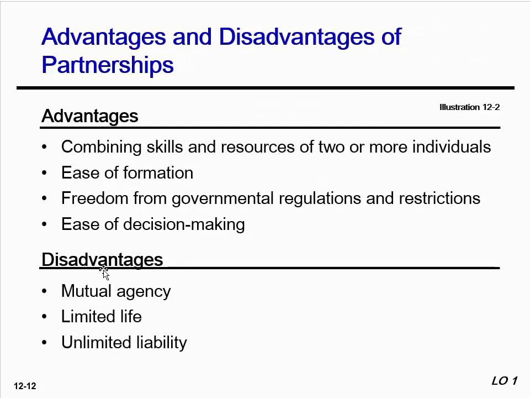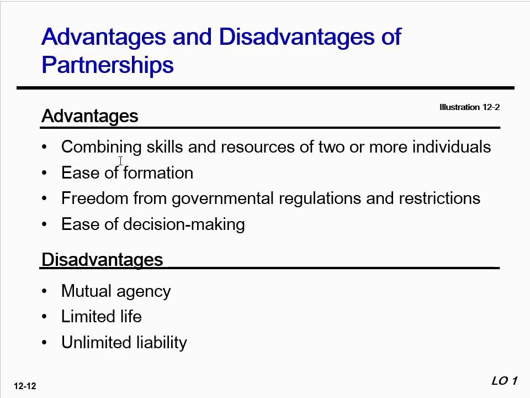So here are the general advantages and disadvantages of partnership. When I say general, I'm talking about a normal partnership. The advantage is that when more than one person works together for a business, everybody brings their own skills. So more resources and more skills are available as compared to the sole proprietorship.